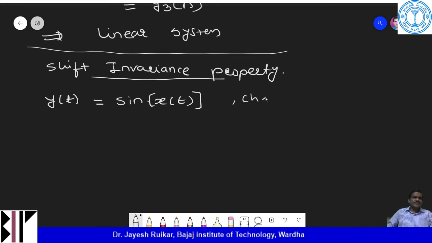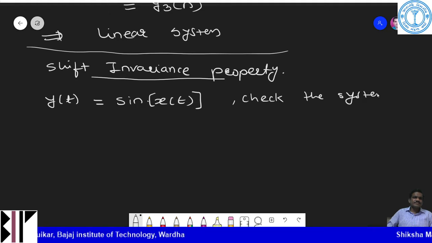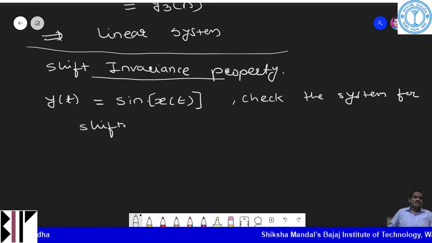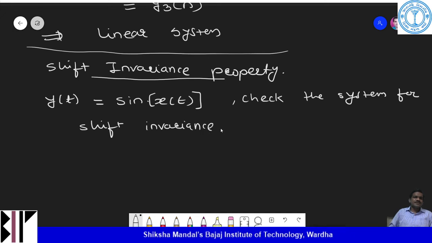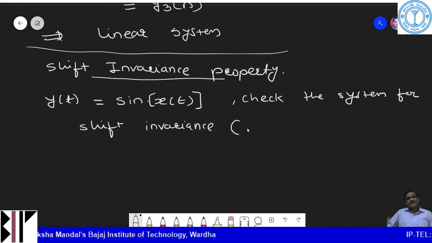Check the system for shift invariance, or whether the system is time variant or time invariant.